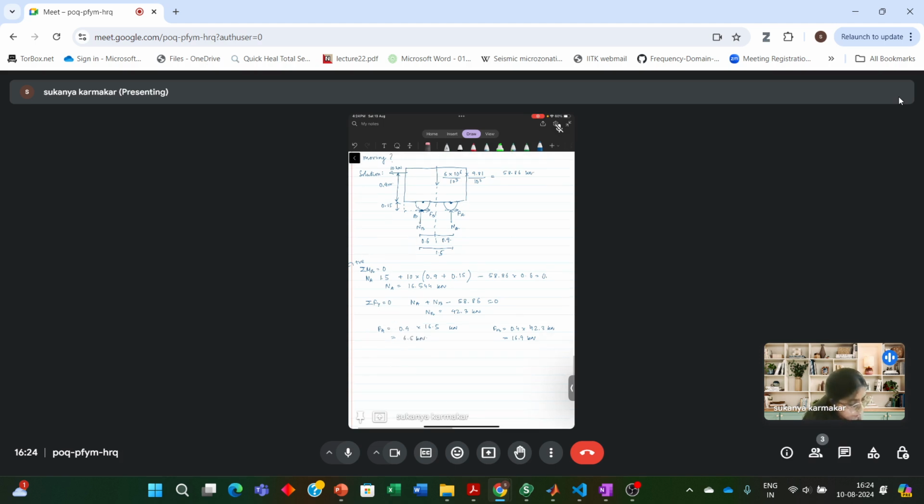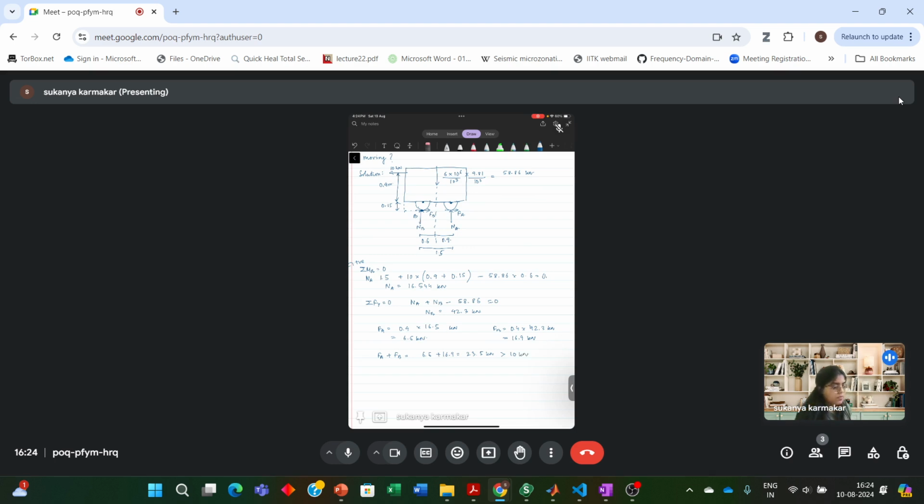So total horizontal restraint from the two friction forces FA plus FB is 6.6 plus 16.9 is equal to 23.5 kilonewton, which is greater than 10 kilonewton.